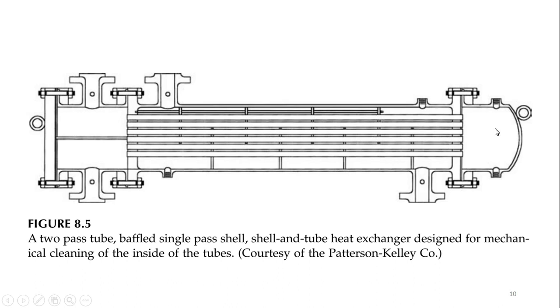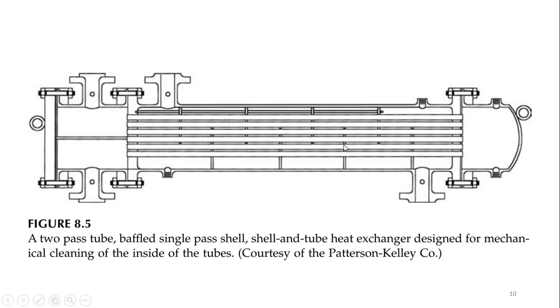Then the fluid, after coming from these 3 tubes, will enter into these 3 tubes on the lower side, and again move from left to right into this compartment, and then leave from this point. This is the fluid which is moving inside the tube. And the shell side fluid will enter from here, complete one pass and leave from here.